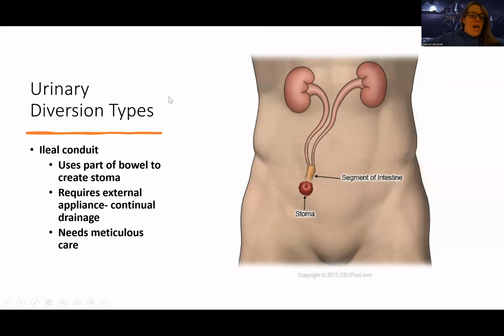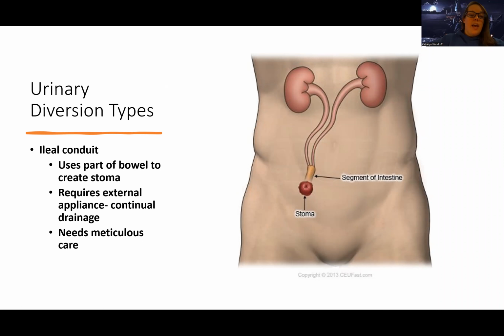Okay. So probably one of the most common ones that you're going to hear talked about is what's called an ileal conduit. You have your kidneys up here and then you have your ureters. What we do to divert urine is we put both of those ureters together, and then we take a segment of intestine. You're probably wondering why we are taking the intestine.